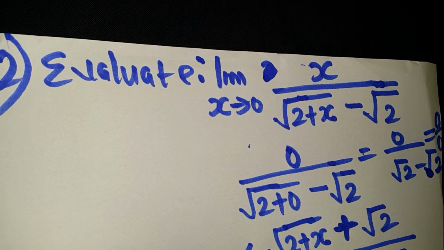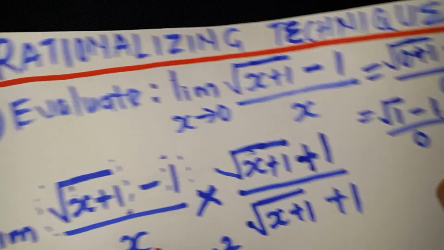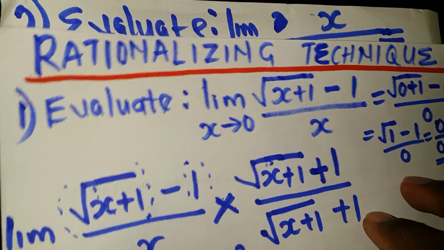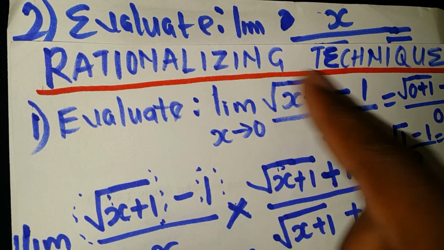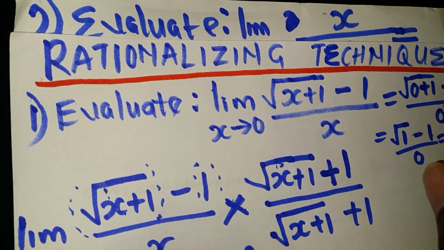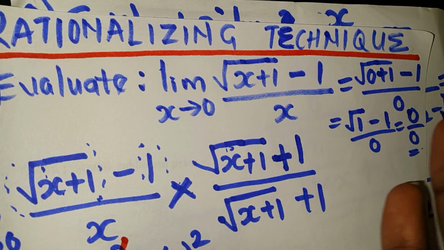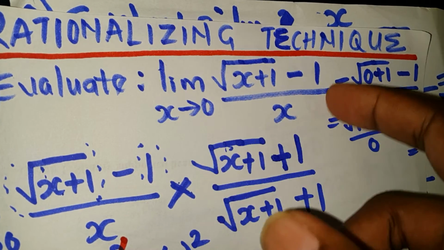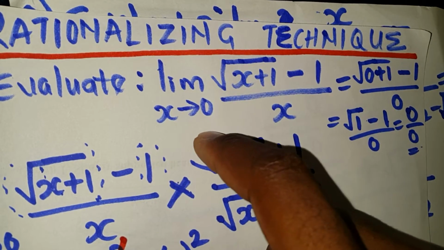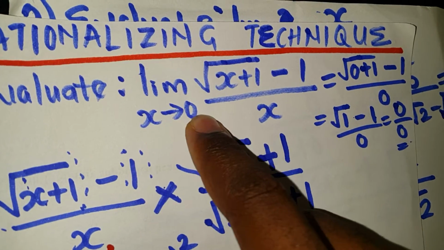So let's recap. What have I done so far? In this video I've talked about the rationalizing technique. The first thing you have to do, if any function is given to you, is put in what x is tending to. It's tending to 0 in this case.